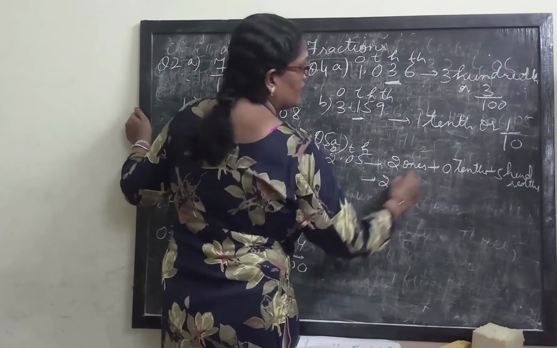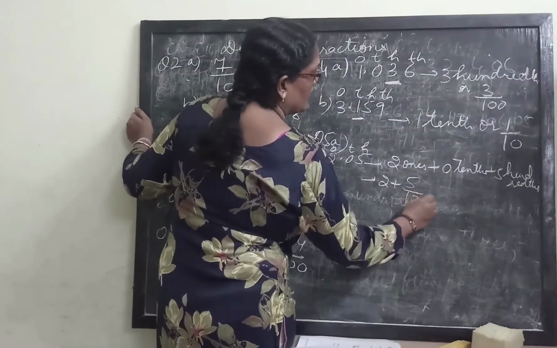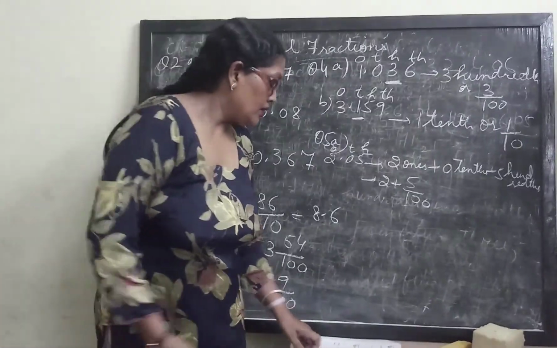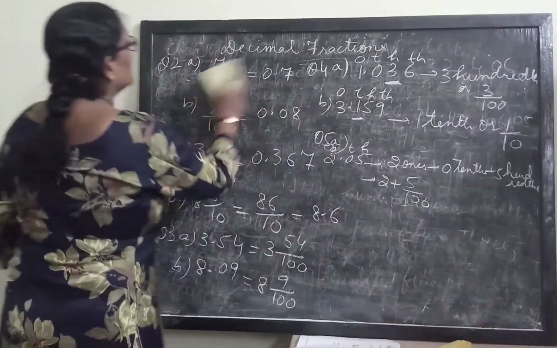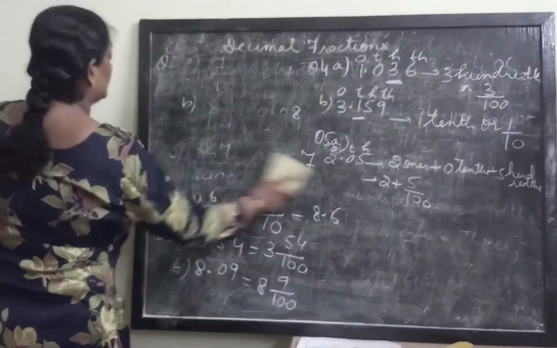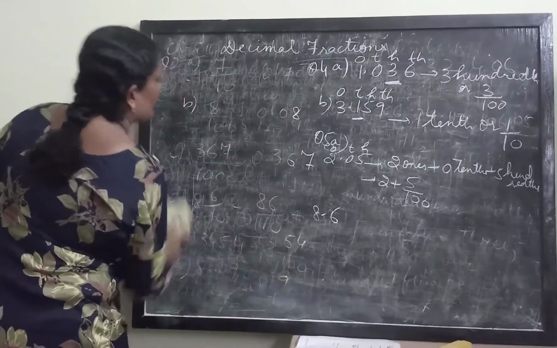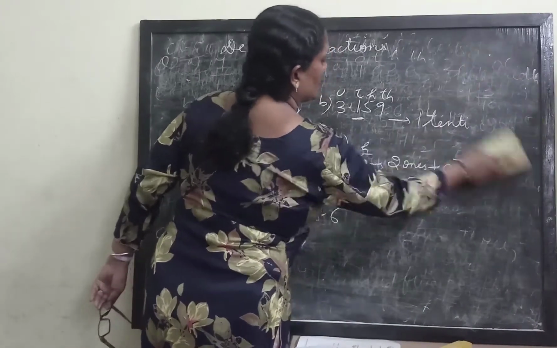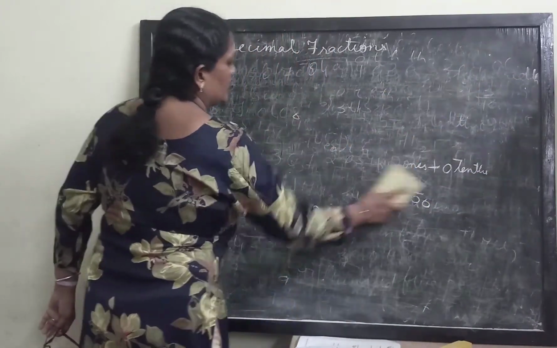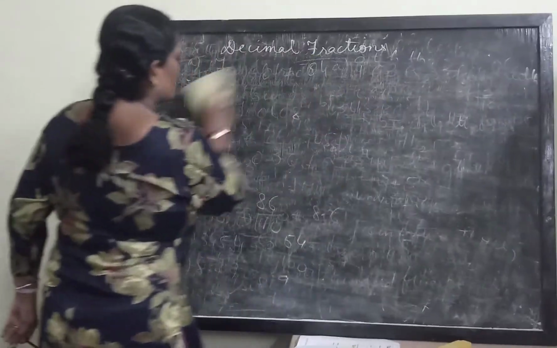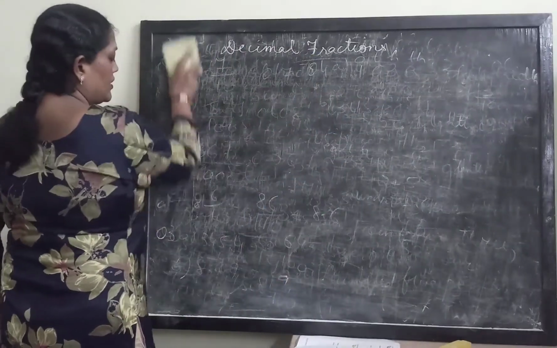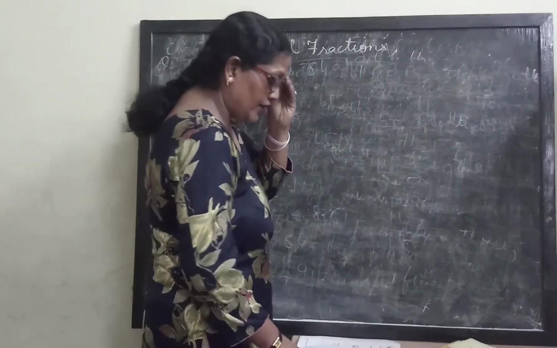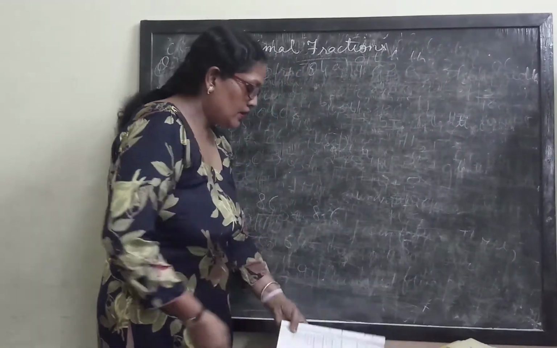No need to write the 0. Understood all of you? Very easy and scoring exercise. If you understand it, then it's very easy. Watch the video very carefully, 2-3 times you can watch. That's why we are making a video and sending it.